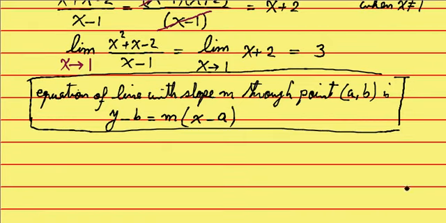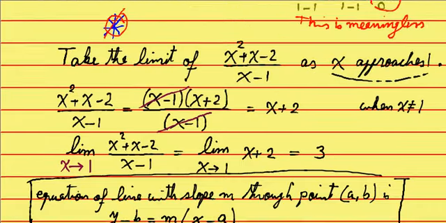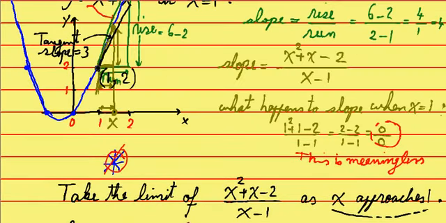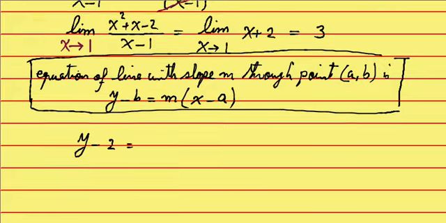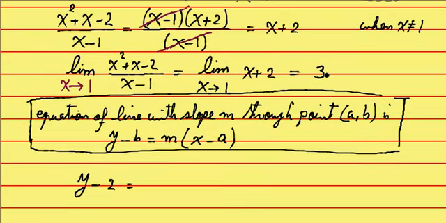So application of that here is that I write y minus the y of a given point. What is the y of a given point? Let's go back here. Point here is point 1, 2. Y of a given point is 2. Y minus 2 is equal to, slope is 3. And x of a given point was just 1.